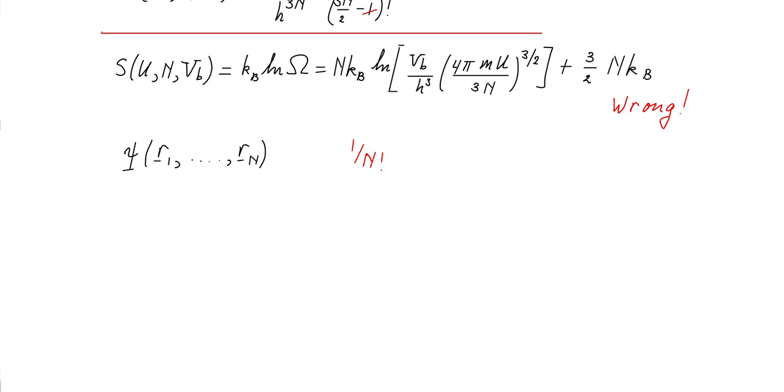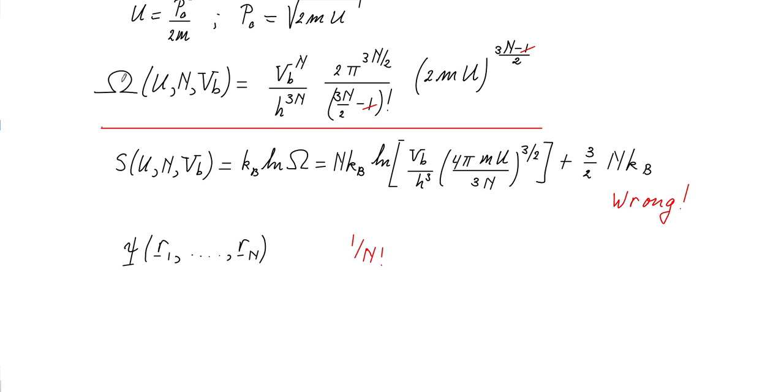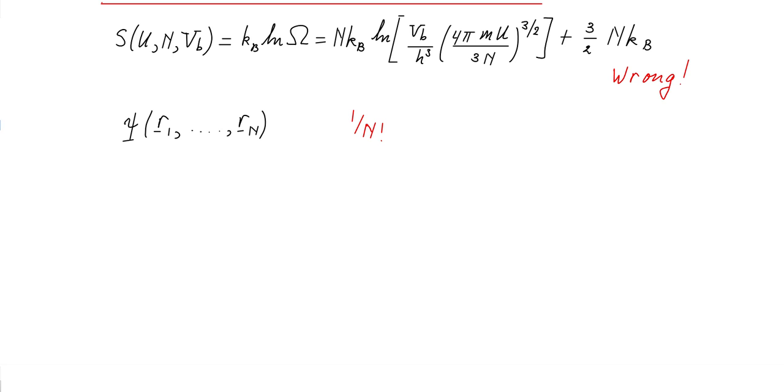So what we should do is to introduce this factor of 1 over n factorial into the equation for omega. So we have an extra 1 over n factorial here. And when we calculate S, we can use Stirling's formula in order to take that n factorial into account.